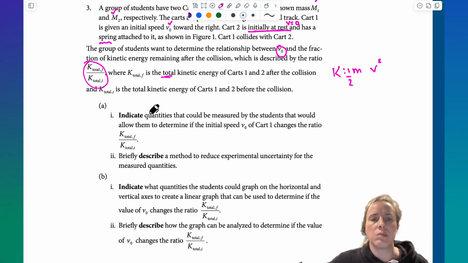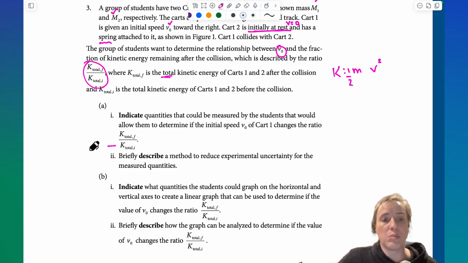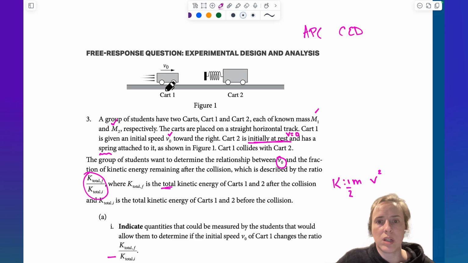So talking about things that we can measure, right? Like I can't directly measure kinetic energy, but I can measure a mass and I can measure a speed, right? So if we want to find the ratio of kinetic energy final to kinetic energy initial. So kinetic energy initial is going to depend on the first guy, because the first guy is the one who has all of the kinetic energy, because this guy's at rest, okay?